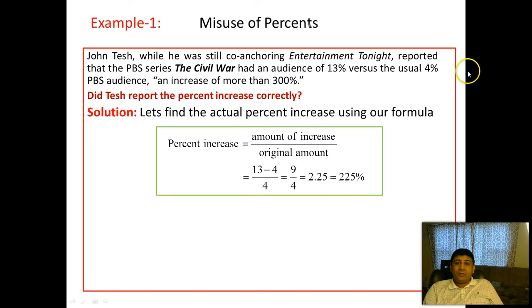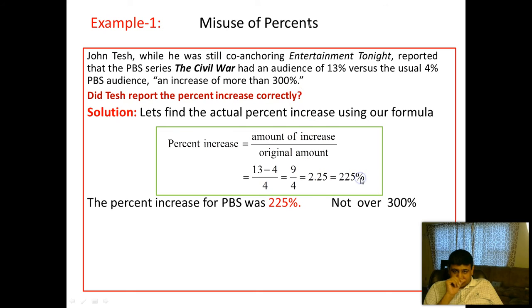It went from 4 to 13, so the increase amount is 9, 13 minus 4. The original was 4, so it is basically 2.25. If you write it in percents, it is 225%, not 300% as he exaggerated. So the percent increase for the viewers of PBS was 225%, not over 300%.